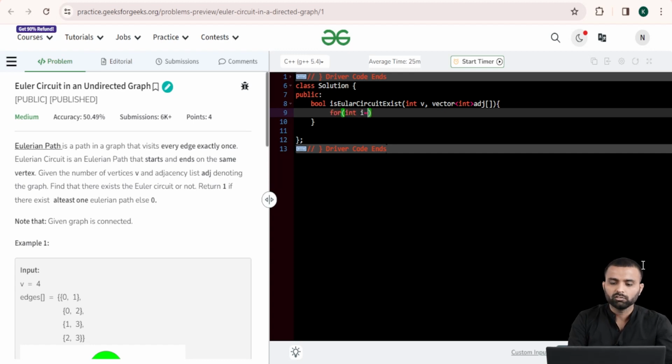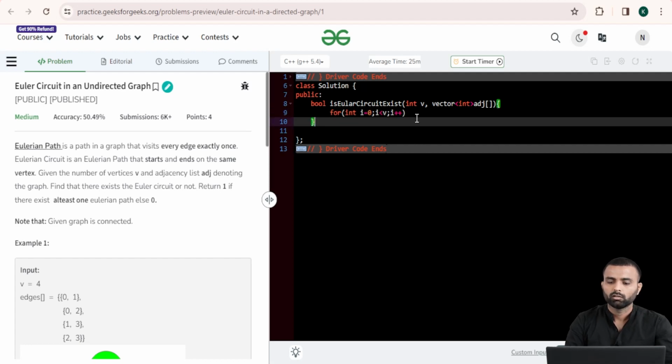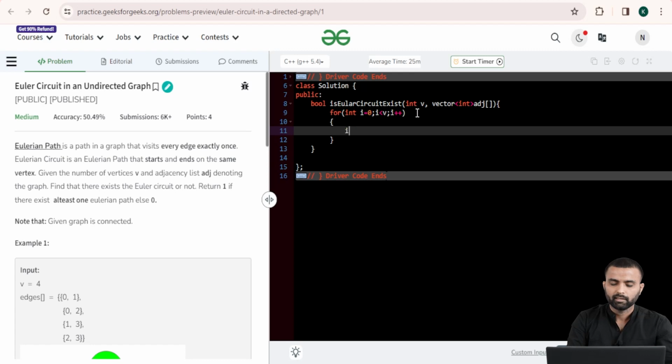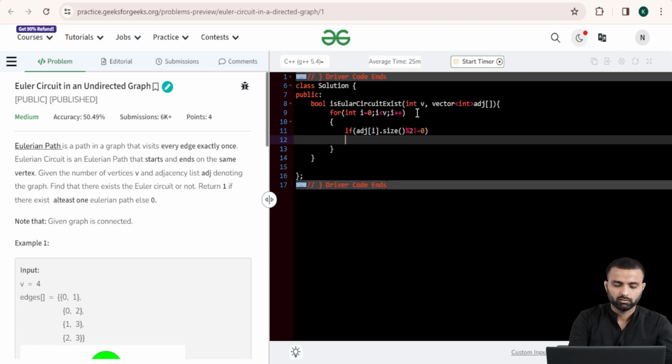I am just traversing up to the vertices size. Inside this, I just have to check the size: if adj dot i dot size is odd, we simply return false.